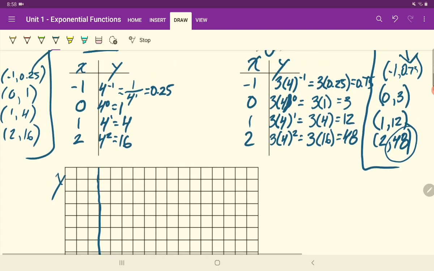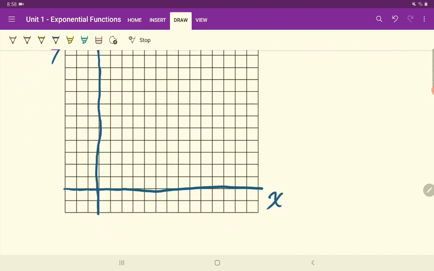Okay, and again, let's just go by -2, -1, 0, and then 1, 2, 3, 4, 5, 6. Not that I need to go up this high, okay? But we can even go really by 0.5s, right?